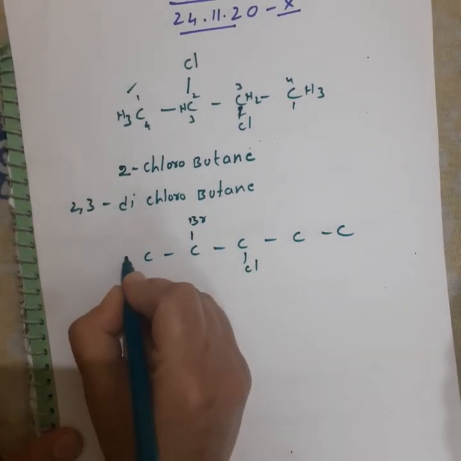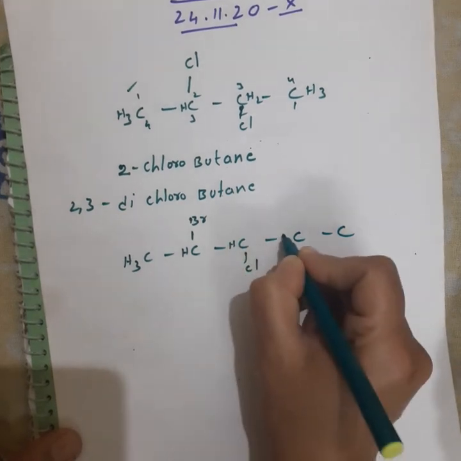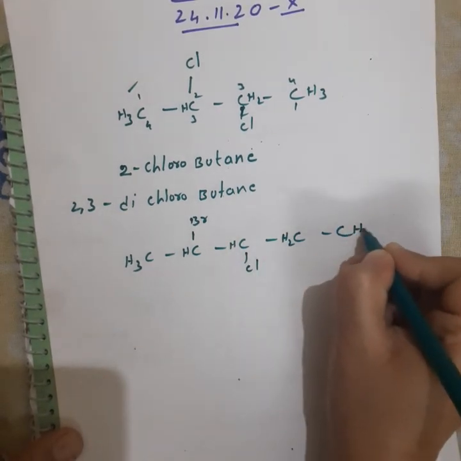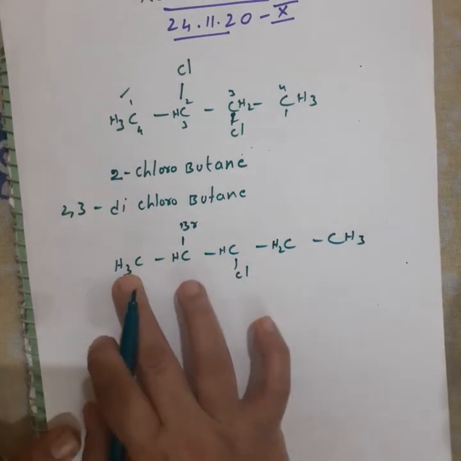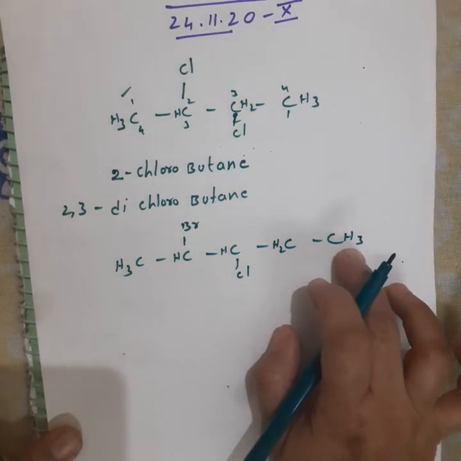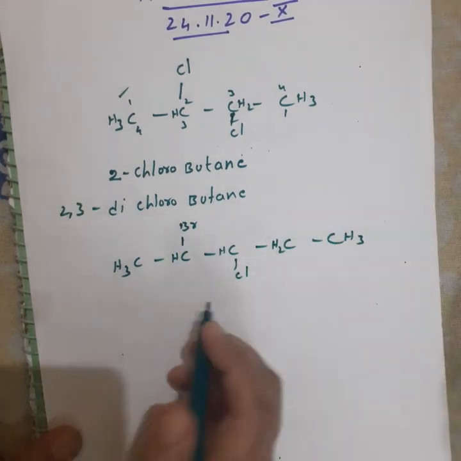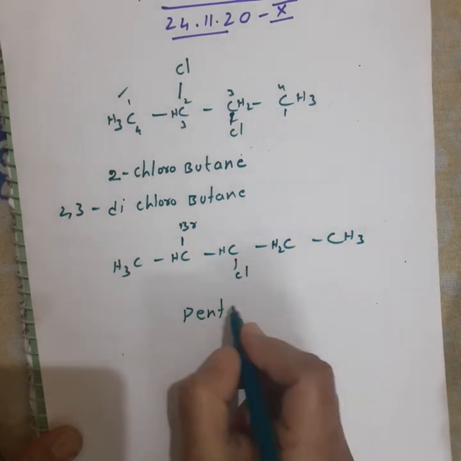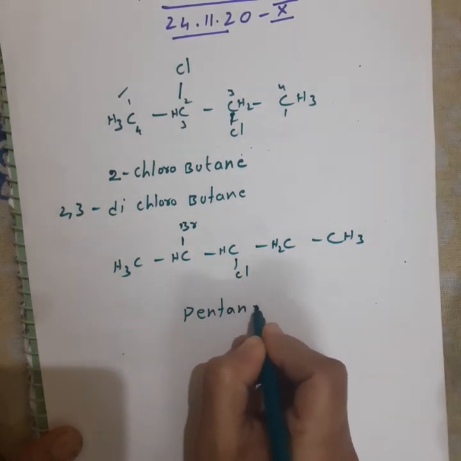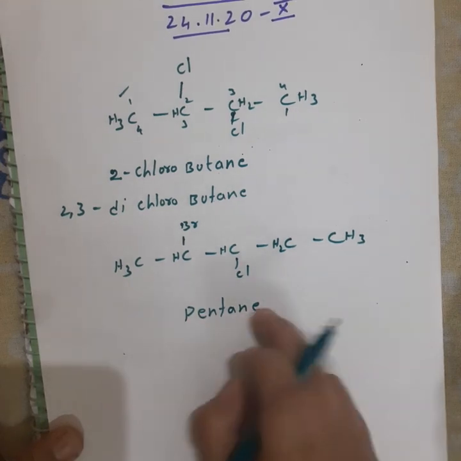Let's first complete the structure: CH3, CH, CH, CH2 and CH3. Now first identify the parent hydrocarbon. 1 2 3 4 5. The parent hydrocarbon is pent-, and all single bonds, so ane. So I have got pentane.